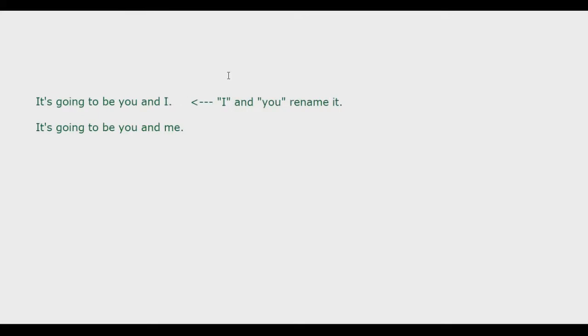And in this case, we have what's called a predicate nominative, which renames the subject, essentially. For example, let's say it is I versus it is me. I, in this case, is the predicate nominative because it renames the subject it, which is not compatible with me.